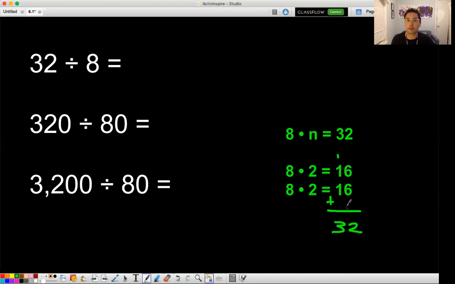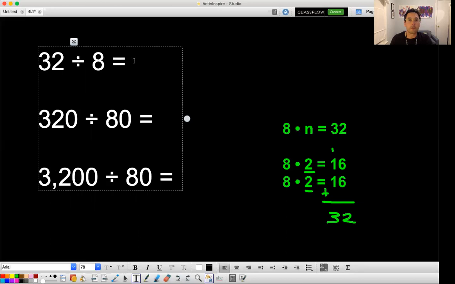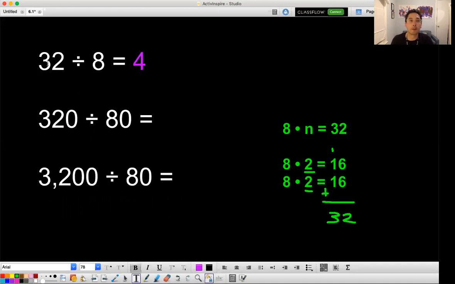Okay, so how did we get 32? I had 8 times 2, 8 times 2. So then the solution for this is going to be 2 plus 2, or 4. Okay, so now that we know 32 divided by 8 is 4, we're going to use that for our extended facts.